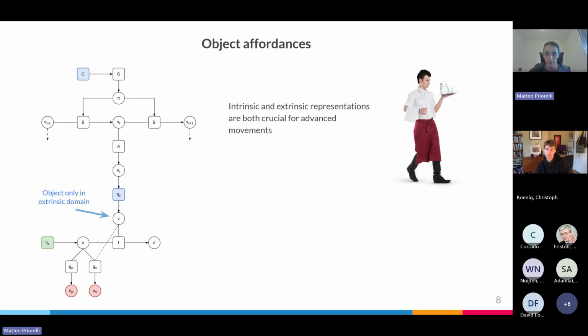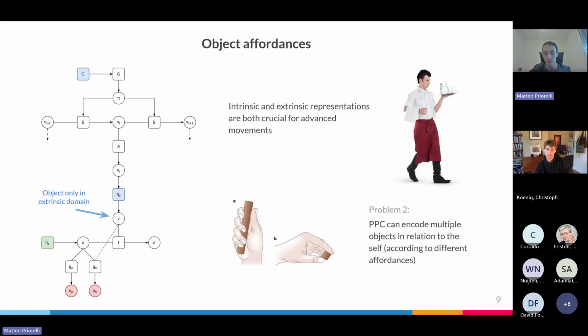And we know that the human brain accomplishes these complex tasks with the posterior parietal cortex, which encodes the objects in some visual motor representations, which relate to our body configuration and to the object affordances. And we also know that the posterior parietal cortex can encode multiple objects in parallel, even after a considerable delay of time.